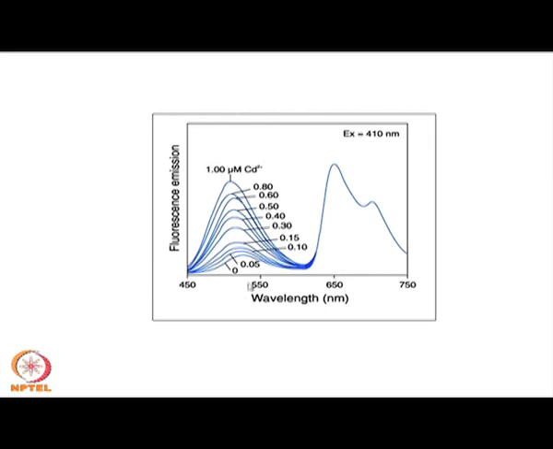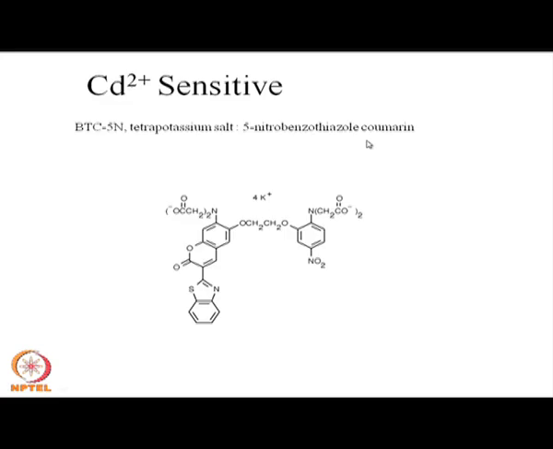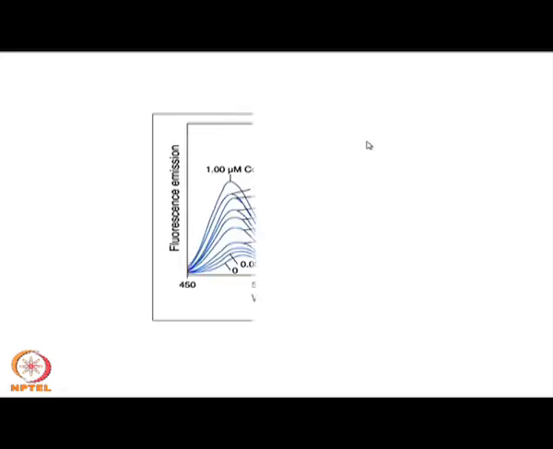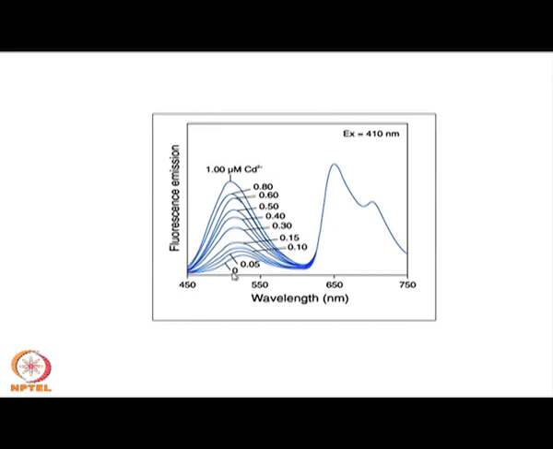This is the emission spectra excited at 410 nanometer, and you see that with increasing concentration of cadmium 2, up to 1 micromolar the intensity has been increased a lot.